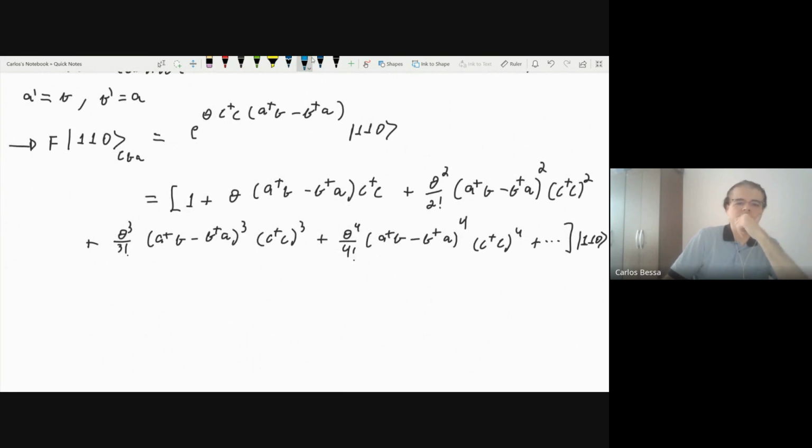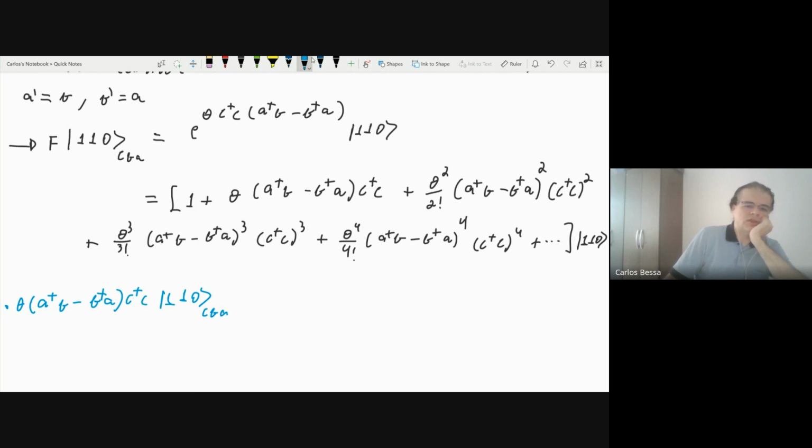The first term, this is the identity, will be the same. So let's see this term applied to this state: A dagger B minus B dagger A, C dagger C applied to 1, 1, 0, where the order is CBA.